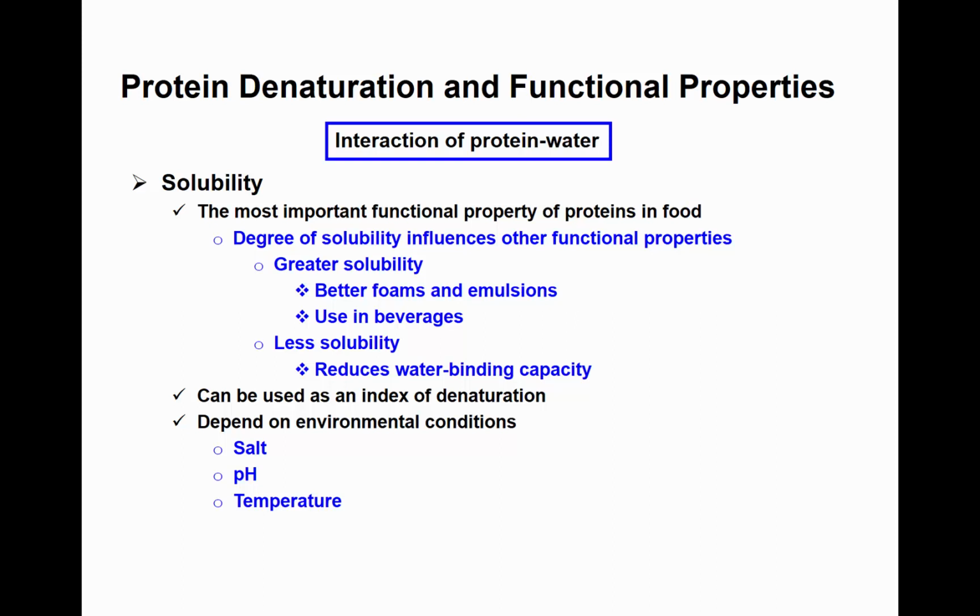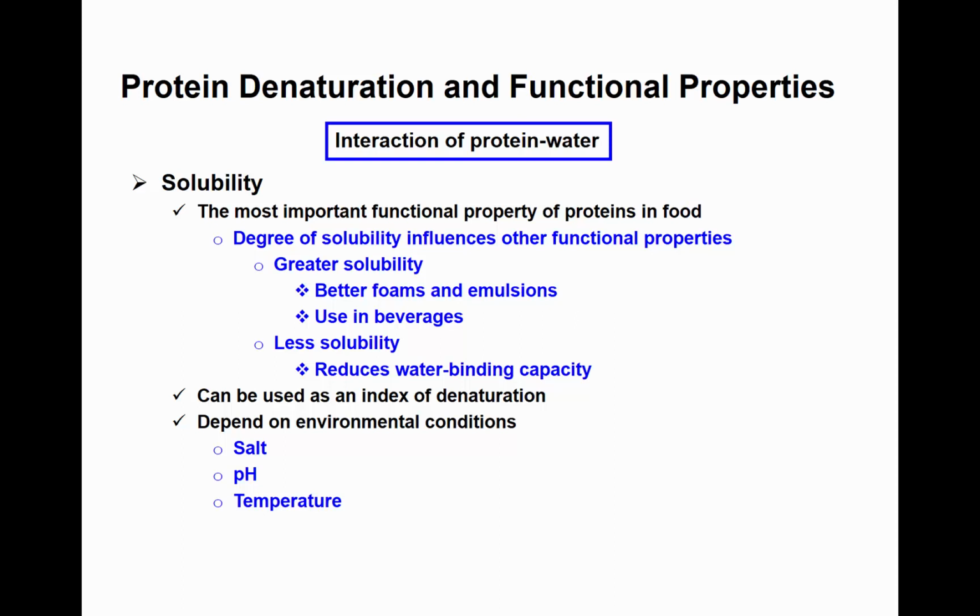So that is driving the idea that protein solubility is important. It impacts other functionality, not just use in beverages. It's important to form a gel. It's important to emulsify, otherwise it won't interact with your liquid or aqueous phase. It's important for foam. It is important for everything, basically.